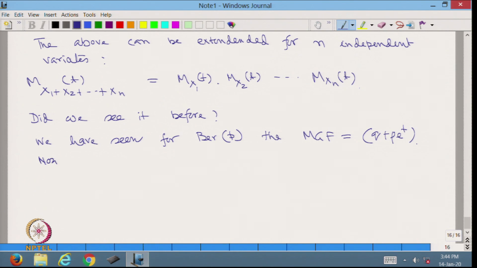Now, binomial(n, p), the number of heads in n independent trials of a coin, is actually X1 plus X2 plus ... plus Xn, where Xi is Bernoulli with p and the Xi's are independent.